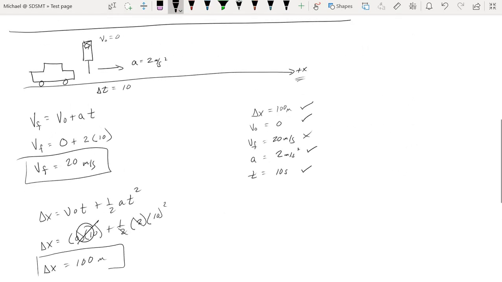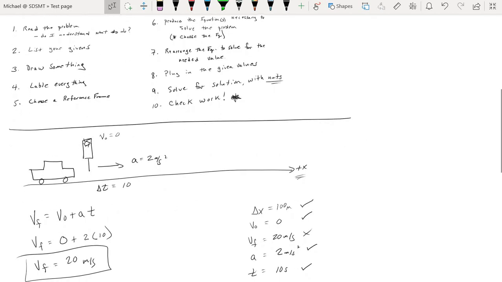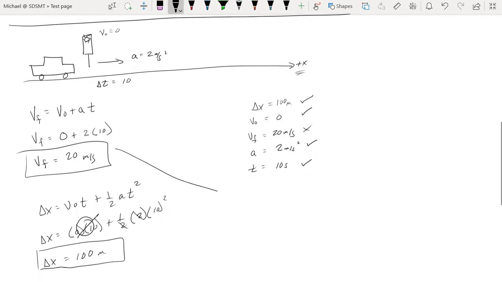Okay, we have our two answers, so I guess we're done, right? Well, time permitting, we can check our work. Well, how do we check our work for two answers that were found independent of one another?